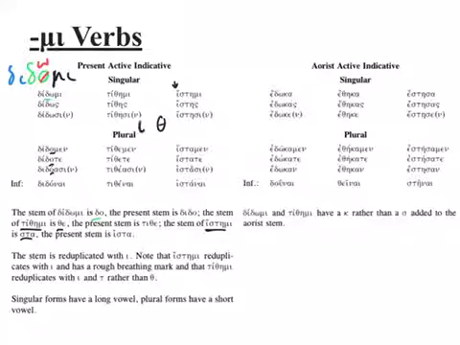Anyway, tithemi instead of titheimi. Can you say tithemi? There we go. It's a little awkward. Anyway, you'll notice that in the singular, the epsilon or the alpha is lengthened to an eta, where in the plural they stay the same.